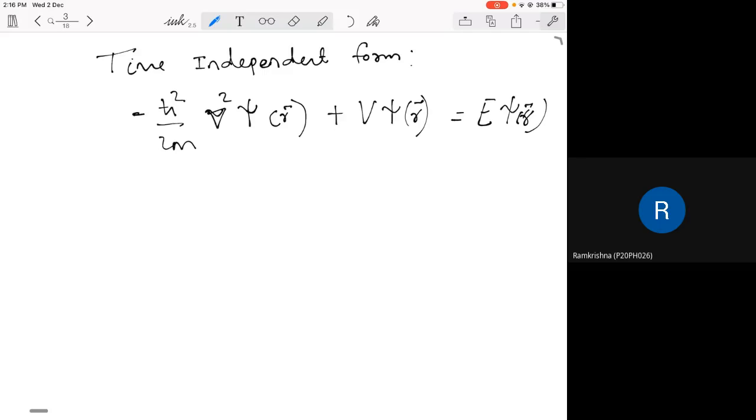Again, the psi here, this wave function that describes the quantum mechanical particle, is still a complex wave function, and all these parameters here are in the time independent form.